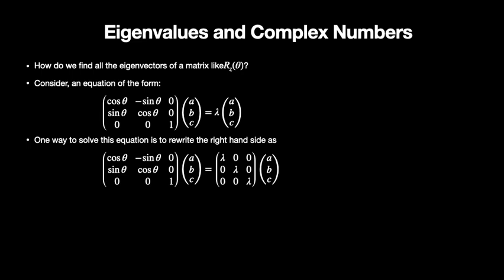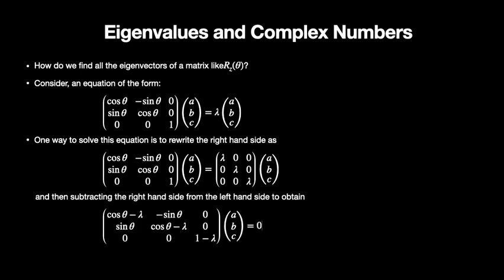Given that, I can go from the equation in line 1 to an equation in line 2 where I've replaced lambda with an identity matrix with diagonal entries all lambda. I can take the right hand side to the left hand side, and take the difference between the two matrices since they're both operating on the same column vector a, b, c, and that leaves us with the equation you see on the last line here.